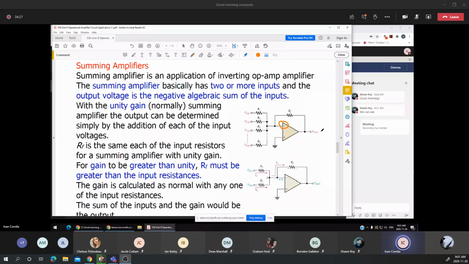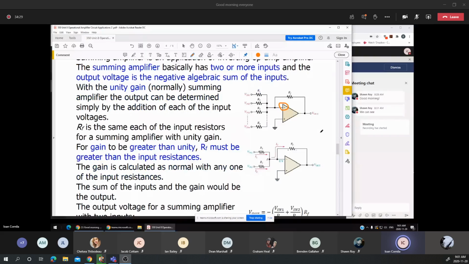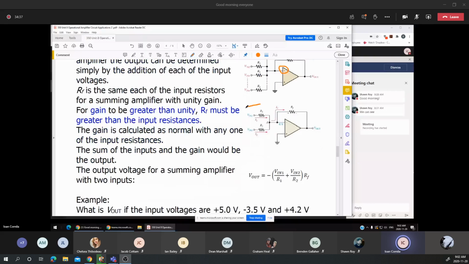Now, I'll take just an example of how to approach and determine the output voltage. I will take just a single input as we did before, and the RF.